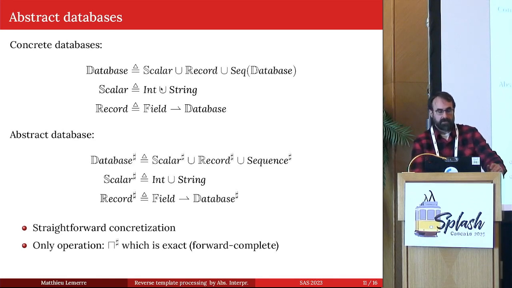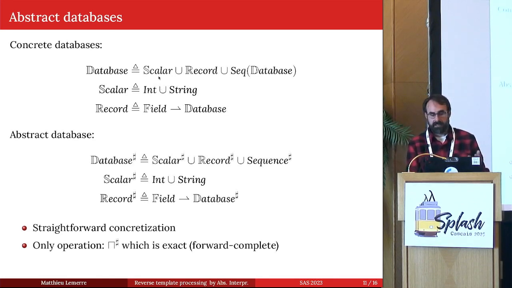So, what is this abstract database? Basically, it mimics the concrete database, but we put a sharp everywhere. An abstract database is an abstract scalar, an abstract record, or an abstract sequence. An abstract scalar is just a scalar, and a record is a map from a field to an abstract database. So all of this is very straightforward. The concretization is quite simple.